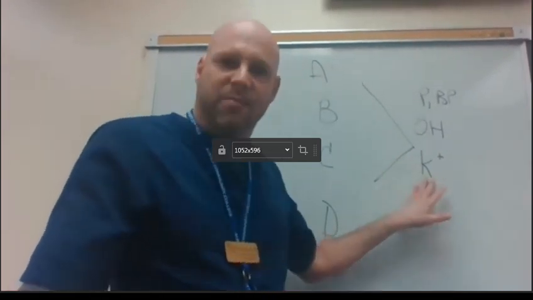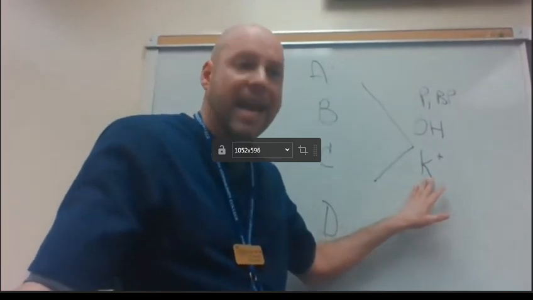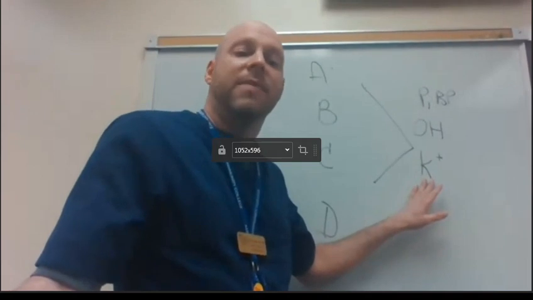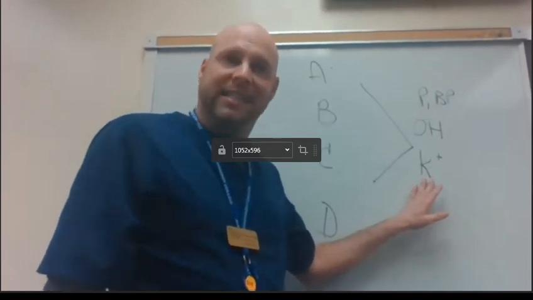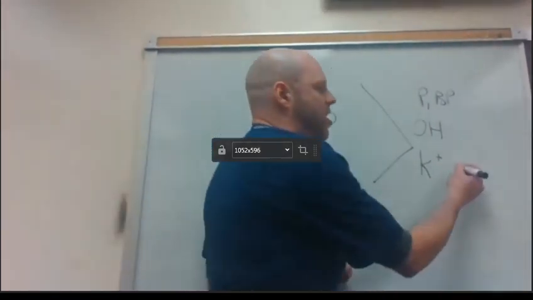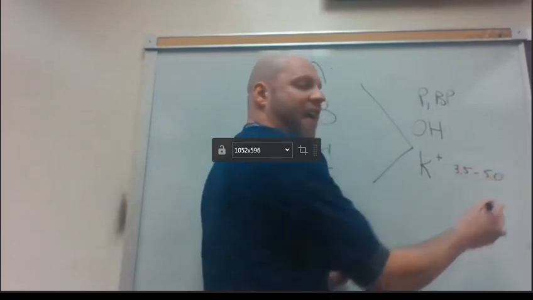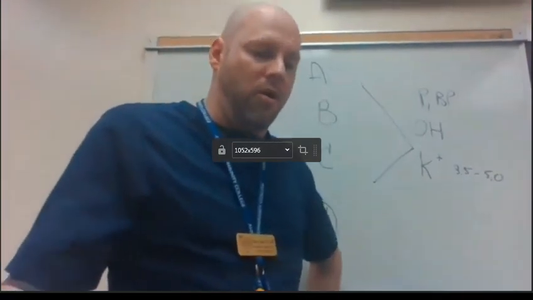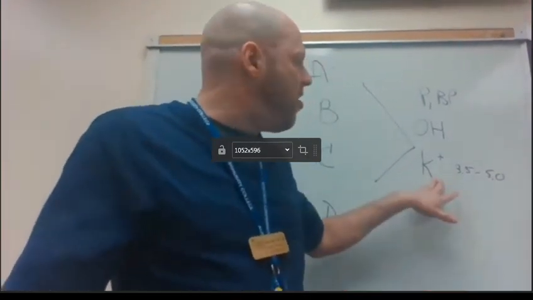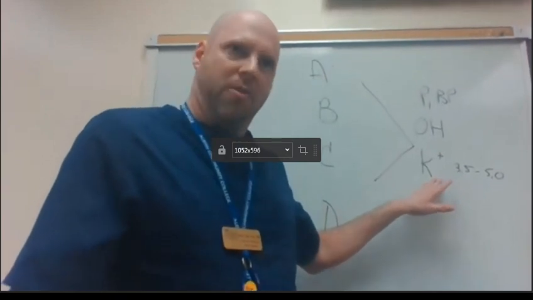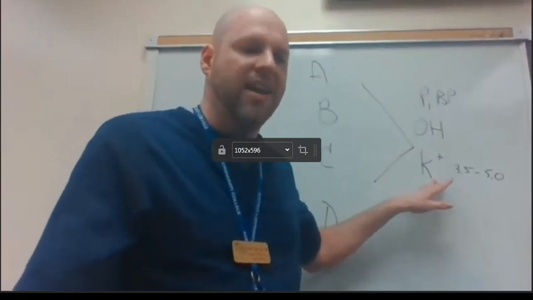But just know potassium will kill your patient the quickest, and it is your cardiac electrolyte. So we need to make sure our potassium is in normal range, and you already know that's 3.5 to 5. Okay, so we need to know what our cardiac electrolyte is before we give a cardiac medication.